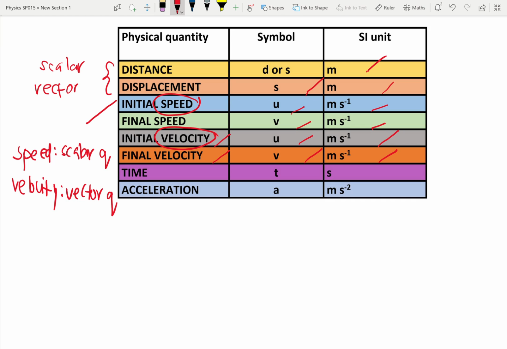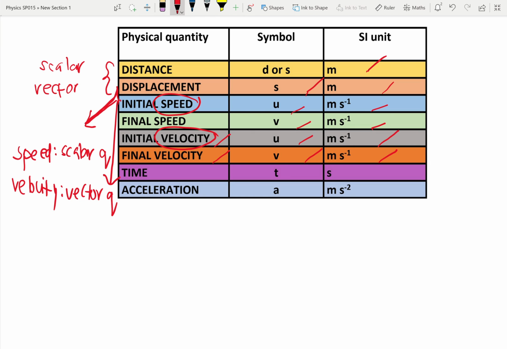The same goes for displacement. Displacement is also a vector quantity. When you come to a vector quantity, you have to consider the direction. To the right and upward is positive. To the left and downward is negative.